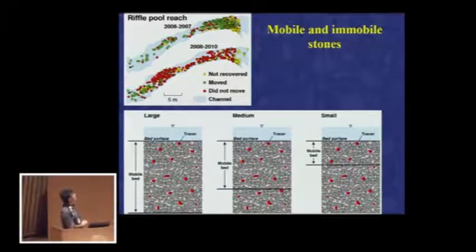In the upper one, most of the particles are in green. That means they moved. We did not recover some, and some remained in their place; of those that remained in place, some were found on the surface and in the subsurface. The next year, much more remained on the surface, which constitutes what we called, in one of these places, a lateral path.